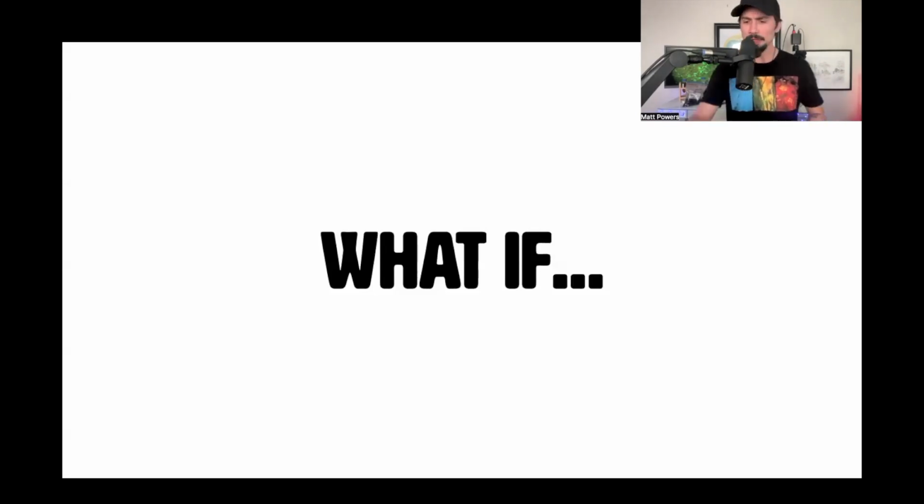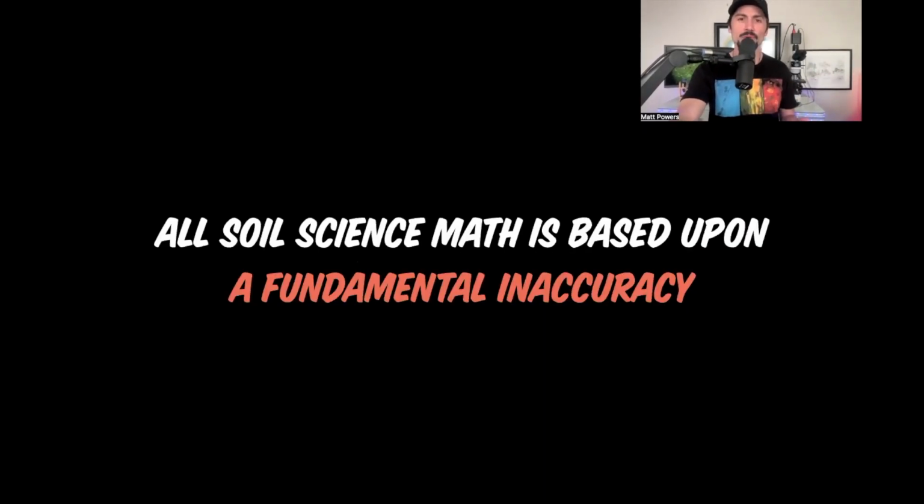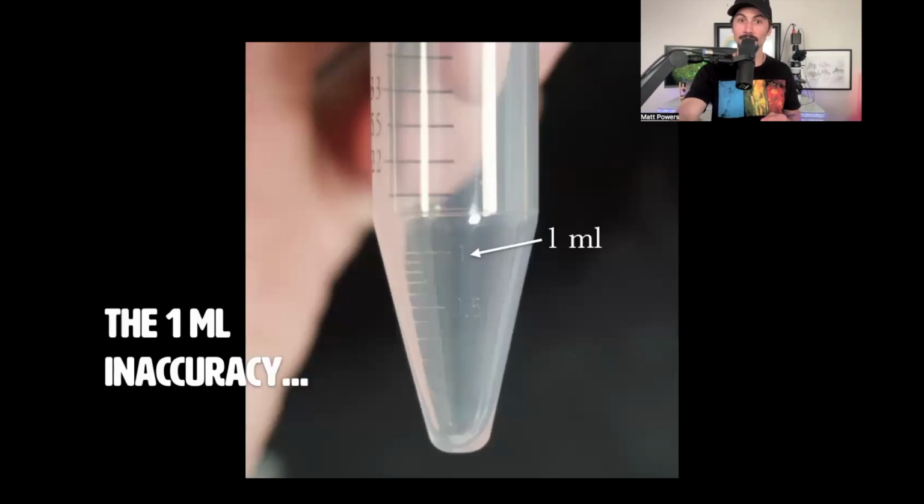So let's start off. What if all soil science is predicated on a fundamental inaccuracy? Wouldn't that be something? So there's this inaccuracy around 1 ml with the way I was taught, with the way many people are taught, and we'll get to the university side too in a moment.